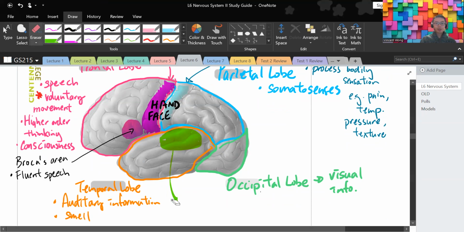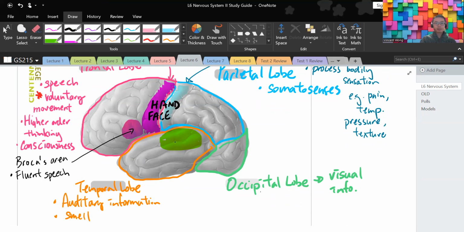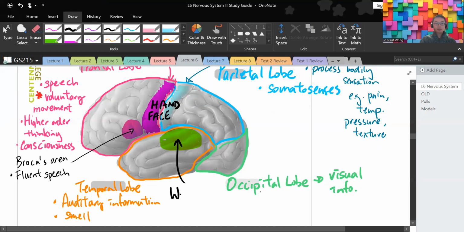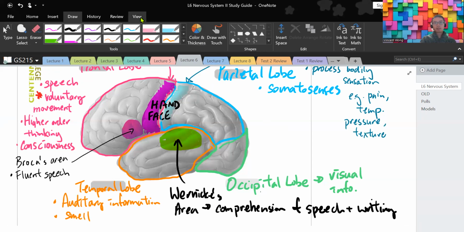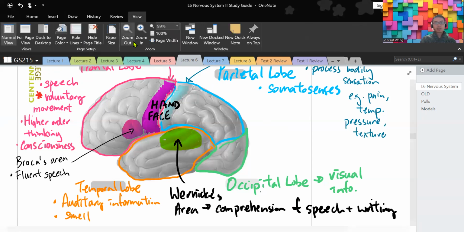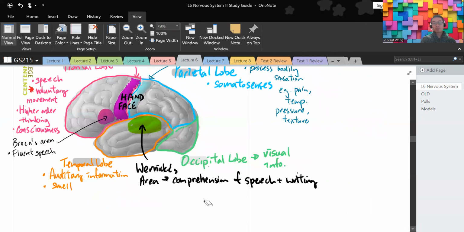This area is called the Wernicke's area. Wernicke's area is for comprehension of speech plus writing. So to understand what people are saying and to understand written instruction, you would need to have the Wernicke's area.